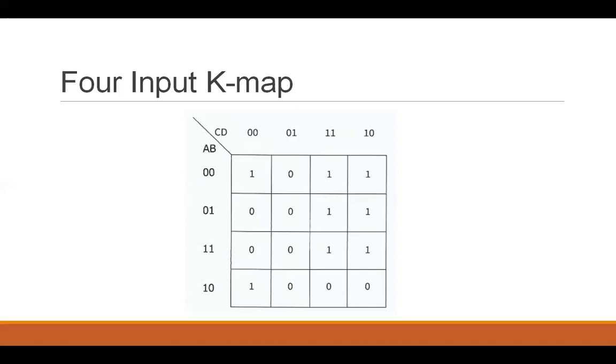You can actually change the layout of your K-map. For example, if you choose to put CD on the lower side and AB on the top side, it is not going to affect your answer. It will affect the way your K-map is going to look. It might actually make the process of simplifying lengthier, but it is not going to affect the answer.